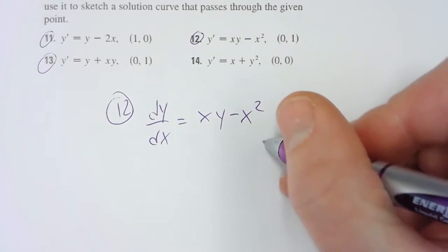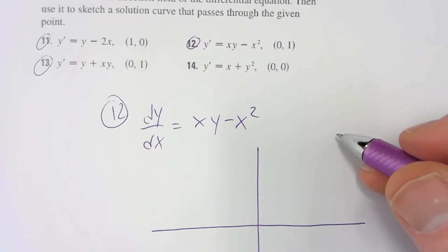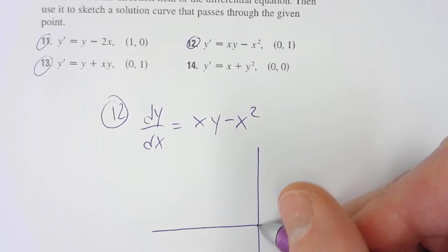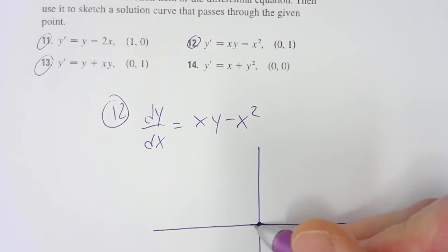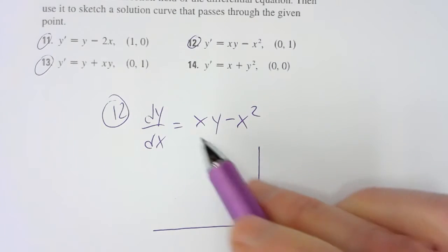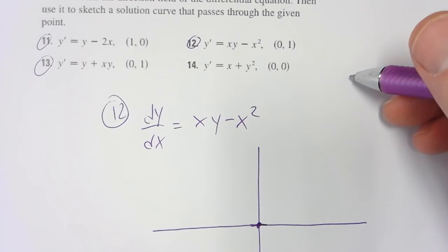All right. So 0, 0 would be 0, right? So 0, 0 is going to be a flat thing there, because if you put 0 there and 0 there. Okay. Now 0, 1.